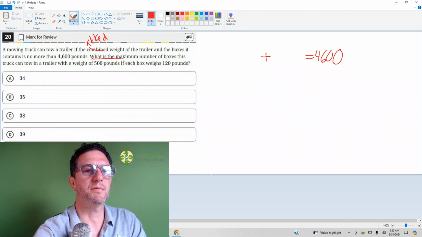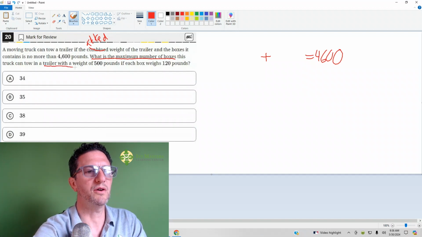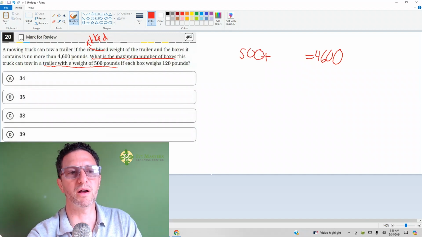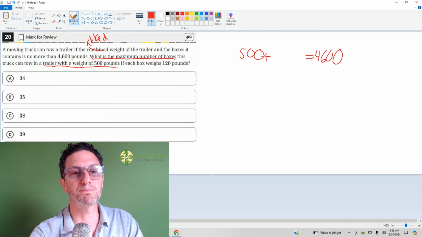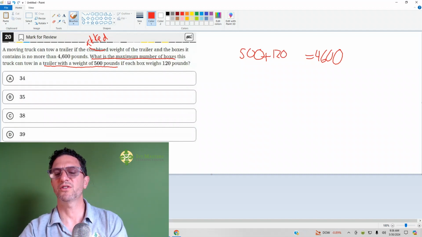It's asking about how many boxes this truck can tow if the trailer has a weight of 500 pounds. So we only have one of those, so we could just say 500 plus. If each box weighs 120 pounds, whenever you say each or every or per, that's an indication of slope. So what are we adding? We're adding 120, but this equation doesn't make sense right now.